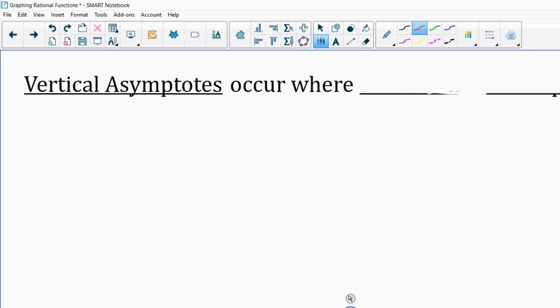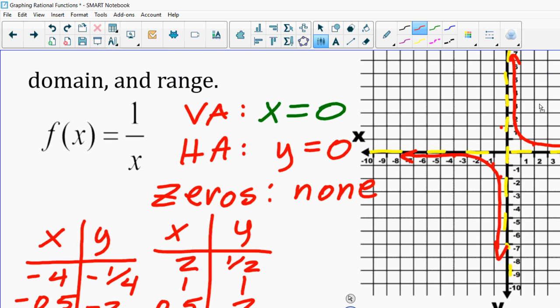Look at the bottom here. Can you fill in the blank? Vertical asymptotes occur where? Where did the vertical asymptote occur in this one? And where was x?